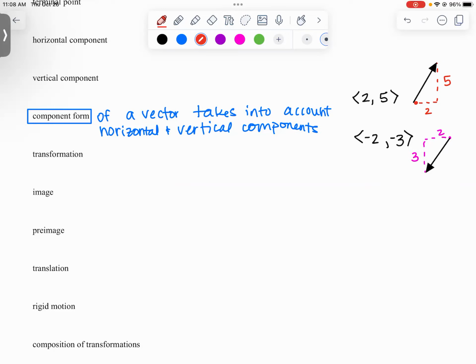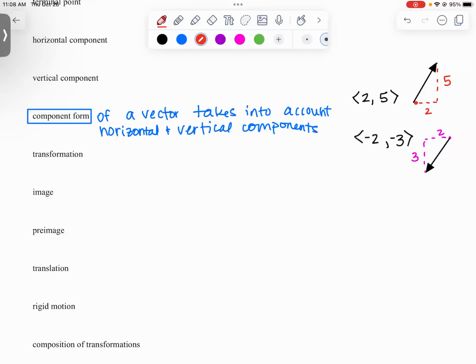Who can just describe to me what a transformation would mean? Like, not necessarily in math, but a change. Okay, if I have a transformation, that means maybe I look different, right? Like, oh, it's been a big transformation, okay?